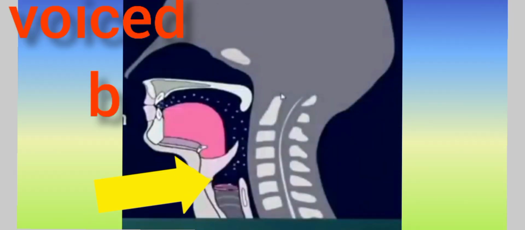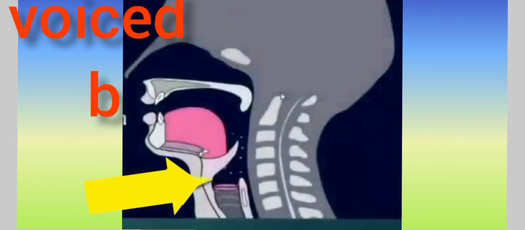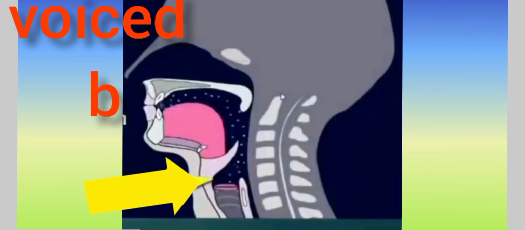Ba is voiced since the vocal cords vibrate significantly. We can feel the vibration when we touch our throat with the fingers. Pa, ba, ta, da, ka, ga.